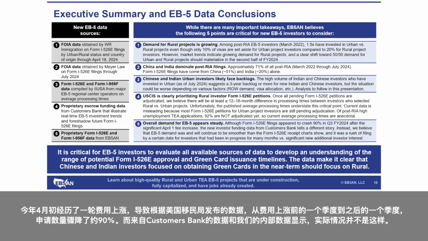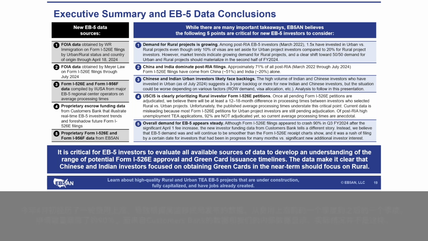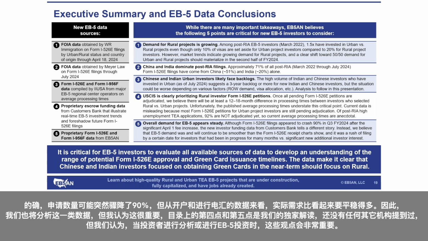And the data from Customers Bank and our internal data shows that's not actually reality. Yes, filings may have crashed by 90%, but demand was much smoother than it appears in terms of new investors signing up and sending in their wires.